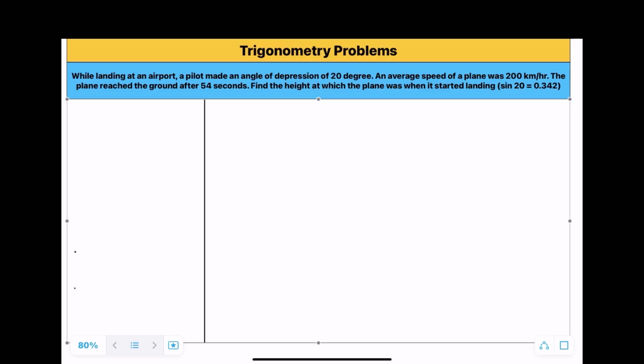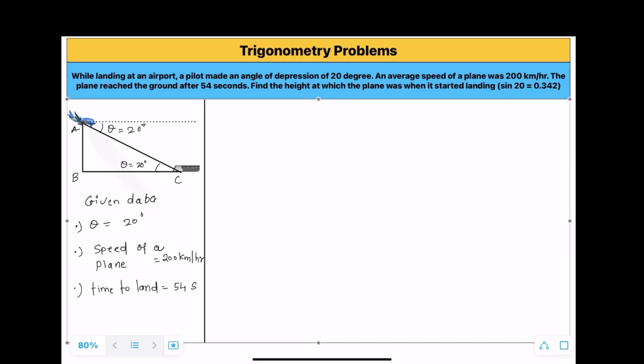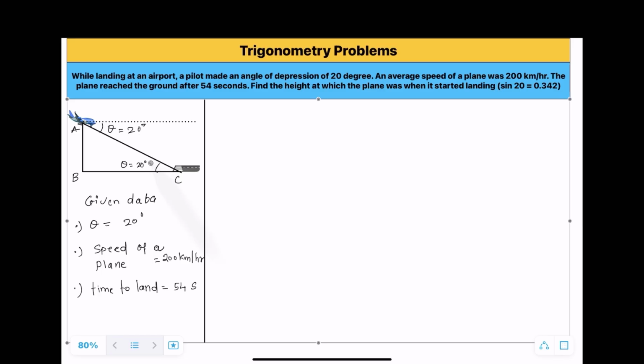Let's visualize this first. Here is our plane. Here is the airport. The plane started a descent, and that's why it made an angle of depression of 20 degrees. Let's call it theta. Now since these two are parallel lines, these are opposite angles, so angle C would also be theta, 20 degrees.